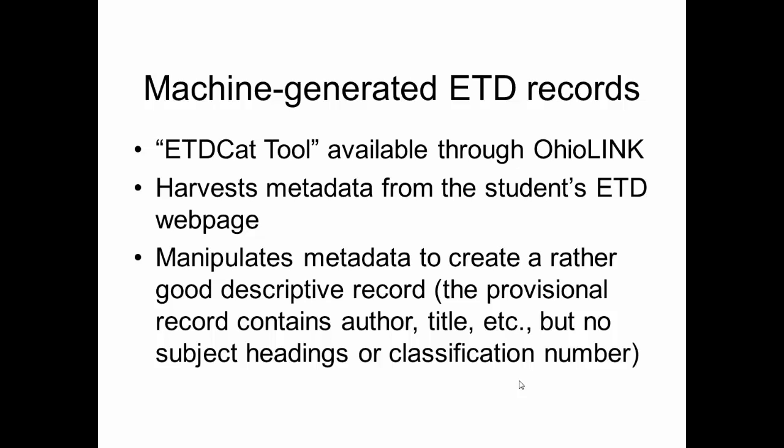The ETD-CAT tool harvests metadata from the student author's ETD website and places the metadata in the proper places in a MARC record. We call the resulting records provisional records because they are meant to be temporary, reasonably good descriptions for users to access until a catalog librarian has time to do full cataloging. However, some libraries, due to staffing or other issues, accept the provisional record as their final record.